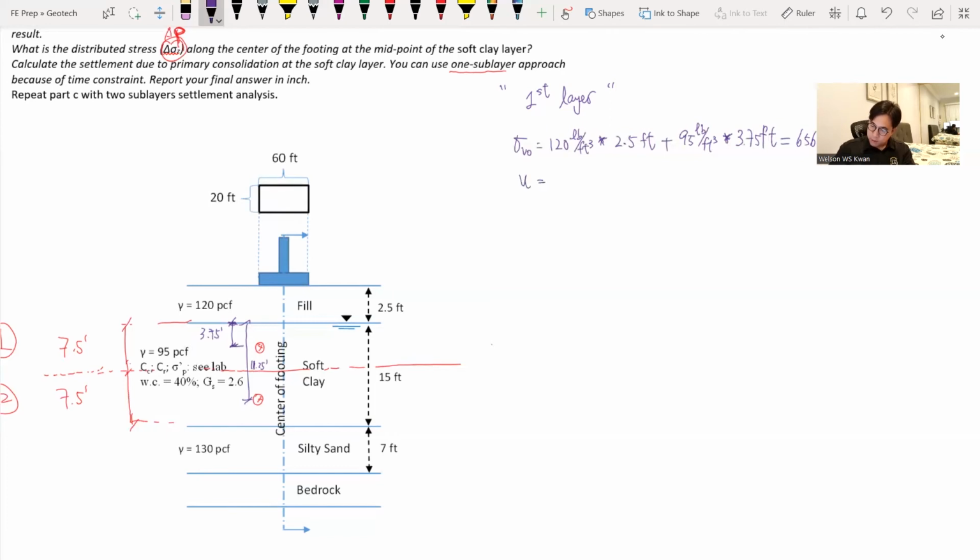And the pore pressure equals 62.4 pounds per cubic foot times 3.75 feet again.